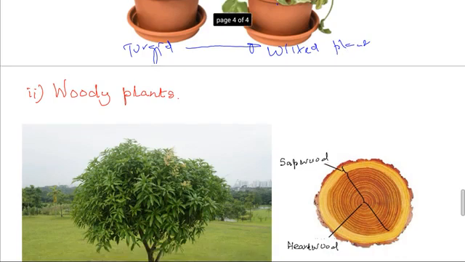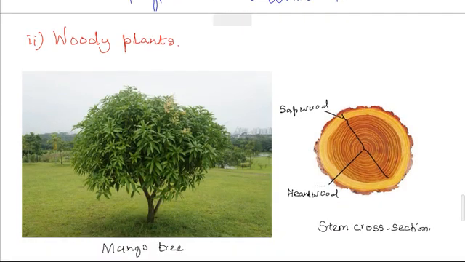The woody plants such as, for example, a mango tree. These are the shrubs and the trees. They mainly derive their mechanical support from the secondary xylem, which is heavily lignified. You can see here in a cross section of the stem, there is the wood. The outer sapwood is a younger wood, while the heartwood is the older, stronger, more lignified and non-conducting wood.